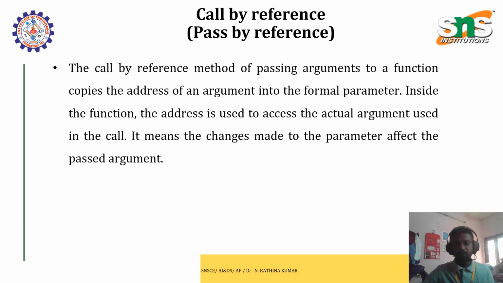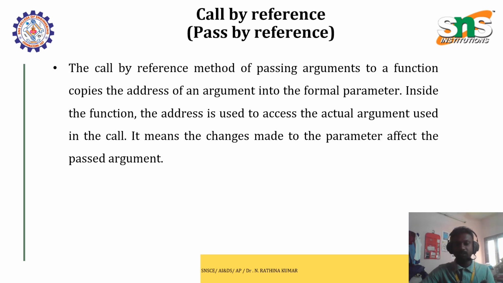Another important point in call by reference is that both actual and formal parameters refer to the same location. Whereas call by value refers to a different memory location. Both actual parameters and formal parameters refer to the same memory location. This is a very important point we need to remember. Once you understand this point, we can easily understand what is meant by call by value and call by reference.